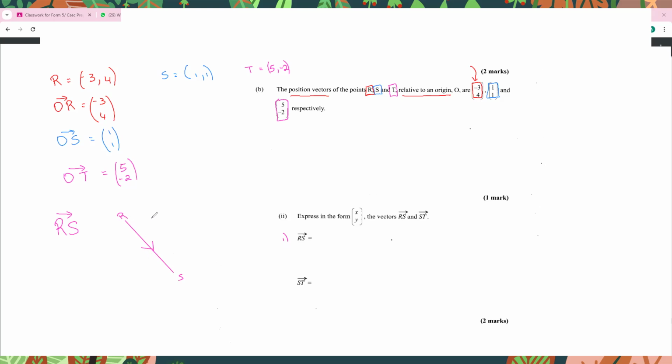I'm trying to get from R to S. But if it's from the position vector, it means that I know the origin. Right? So anytime they're mentioning the position vector, or if you bring the position vector into it, it means that the origin is involved. So it's like, I don't understand how to get from R to S.